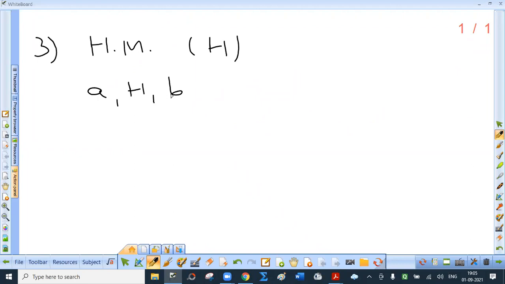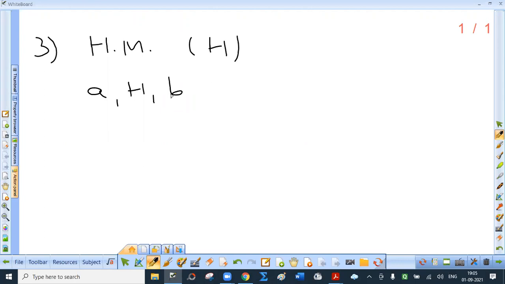Clearly, A and B are not zero, so that H won't be zero. So these are in HP, then H is called the harmonic mean of A and B. Now my question is, can you obtain the formula for harmonic mean? That is, how will you express capital H in terms of A and B?